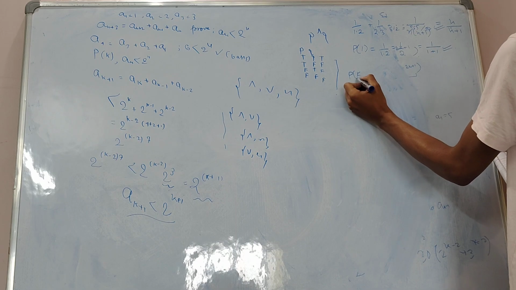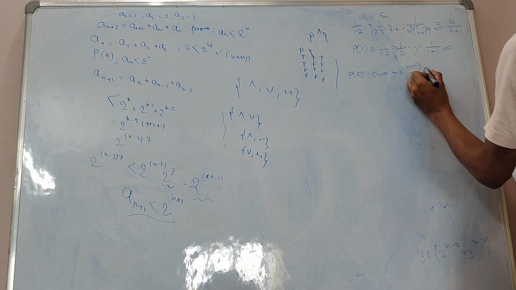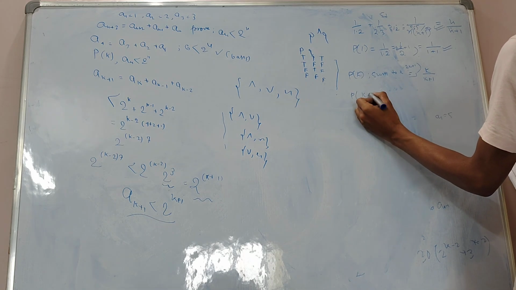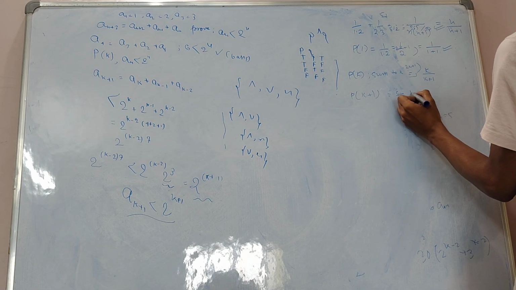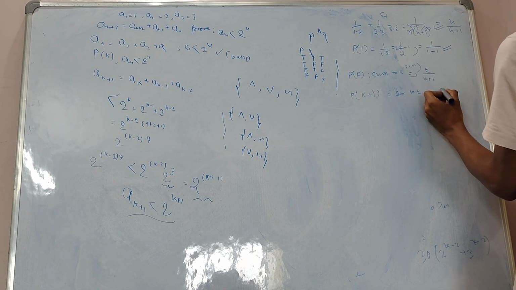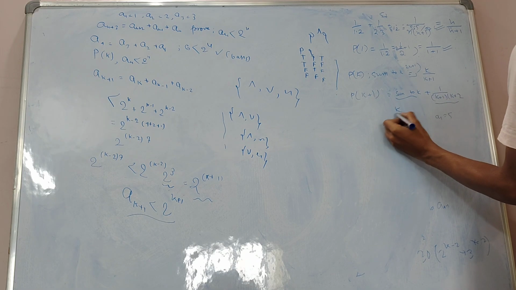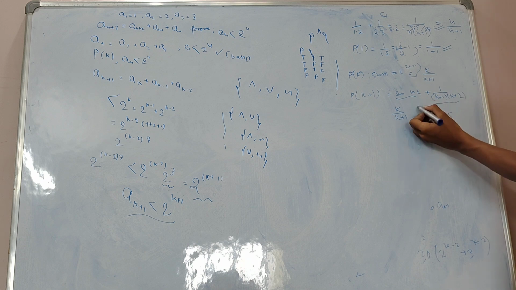For P of k, the sum up to k is k by k plus 1. And for P of k plus 1, that will be the sum up to k plus 1 by k plus 1 into k plus 2, right? So this will be k by k plus 1 plus 1 by k plus 1 into k plus 2.